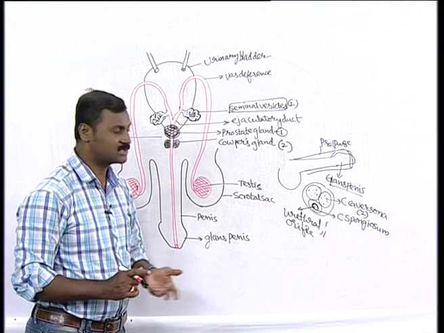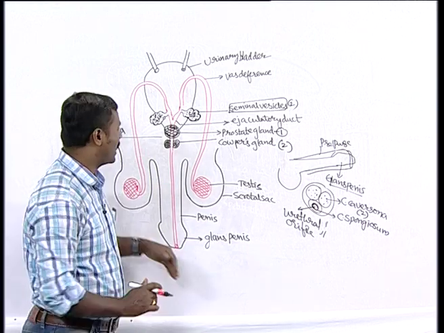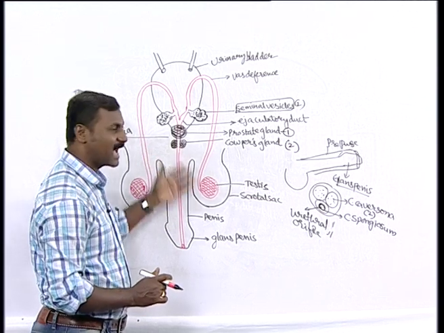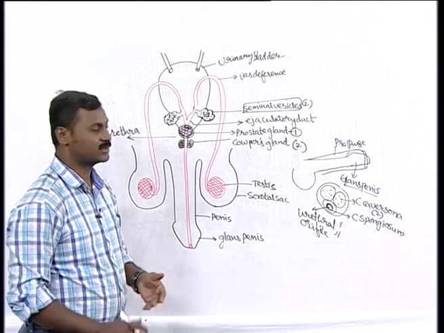Regularly the urine will pass through the tube, and according to the time, the semen will also pass through that canal.